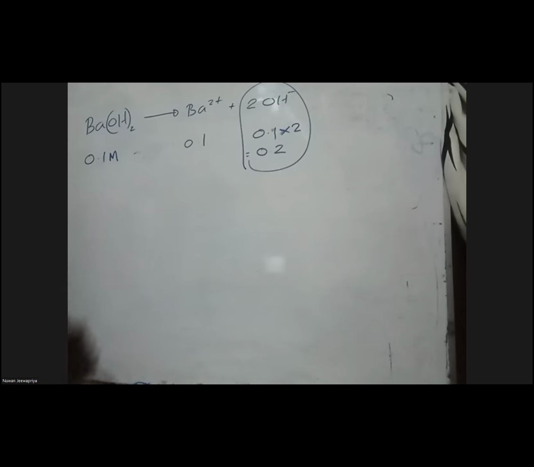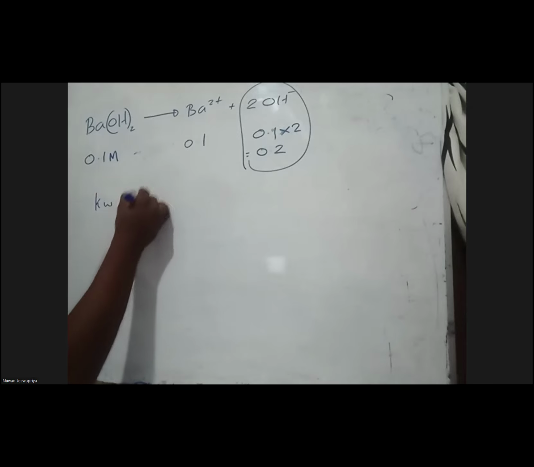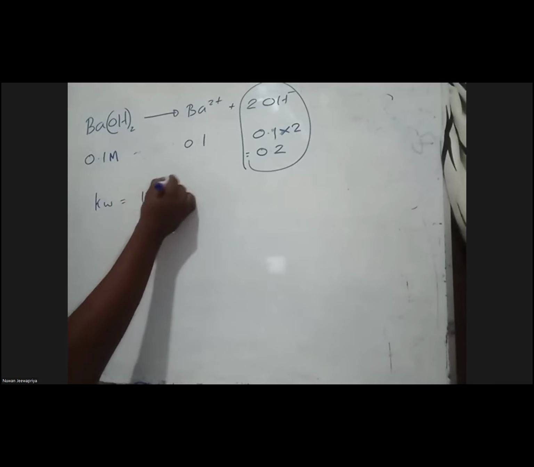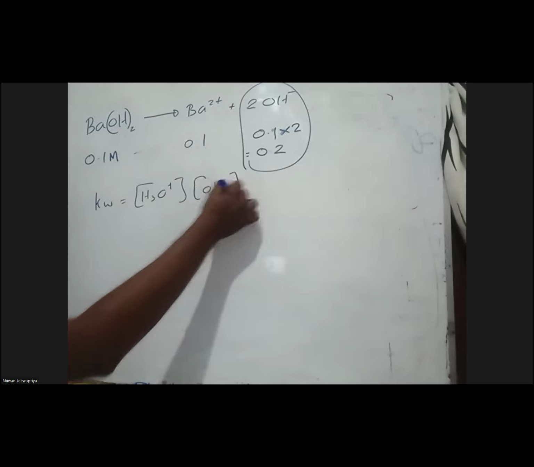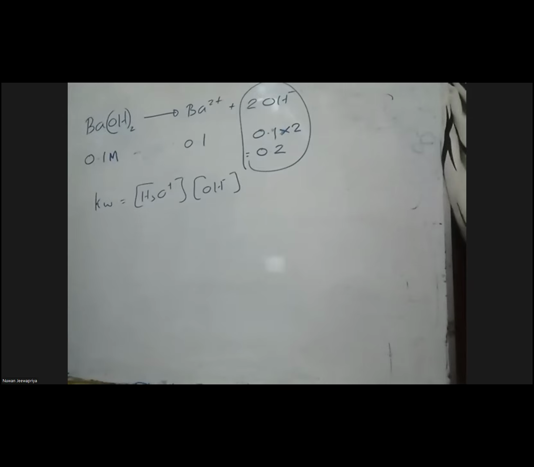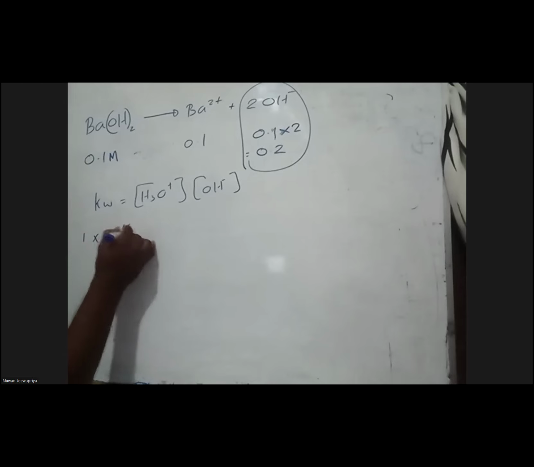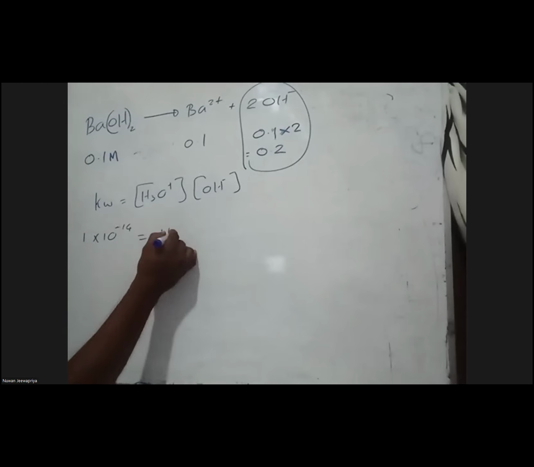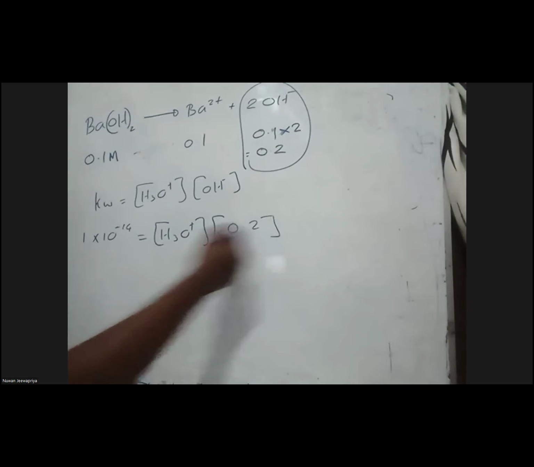And they have given us the Kw. You know the Kw is H3O plus concentration times OH minus concentration. Kw is known to us, that is 1 times 10 to the power minus 14, a constant value. The OH minus concentration is 0.2.